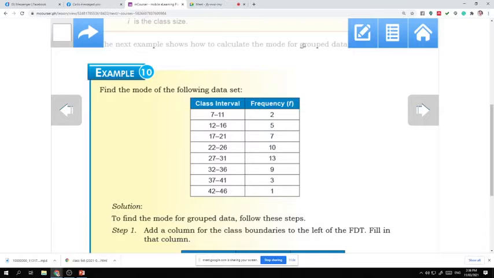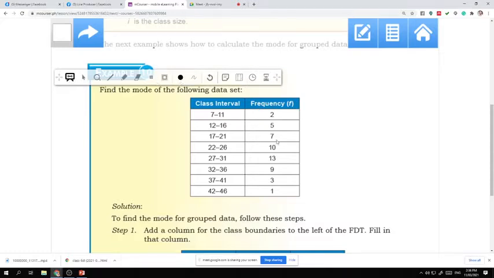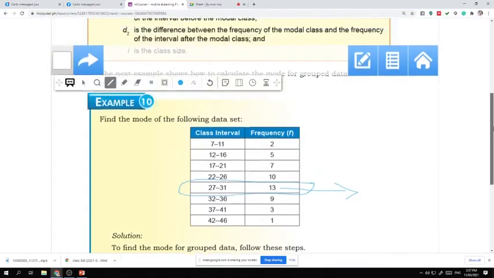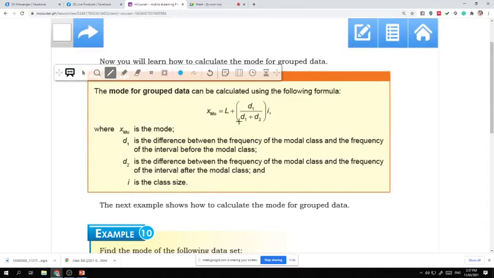Look at the frequencies here. This is our modal class. I'm going to highlight that. This will be our modal class over here. This is the modal class. Okay, this will be our reference now. Is that clear, Section Galileo? So take note, that's how you get the modal class. But let's go over the formula first.